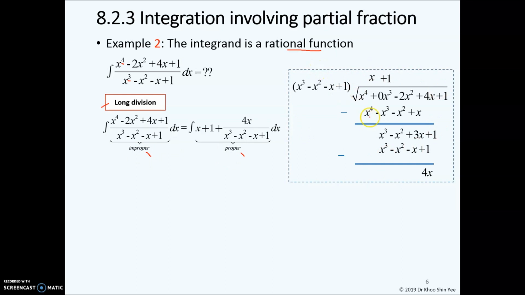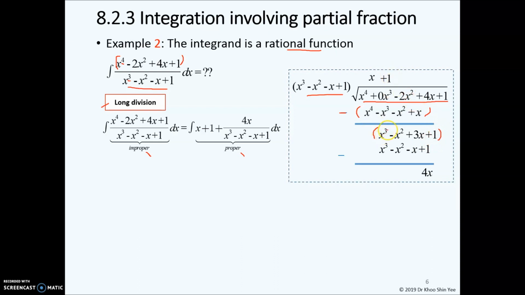This is the procedure where the top we put inside here and divide by the factor here. Firstly we multiply with x, you get this, and then you minus the whole term here, then you should be able to get this.